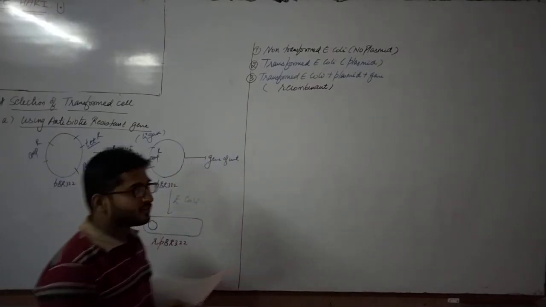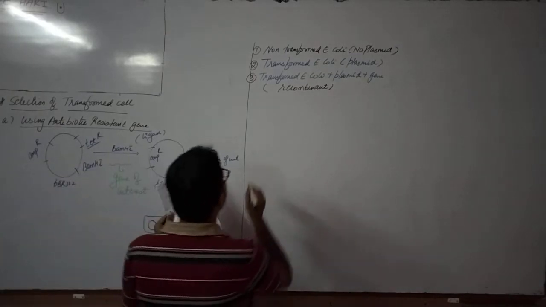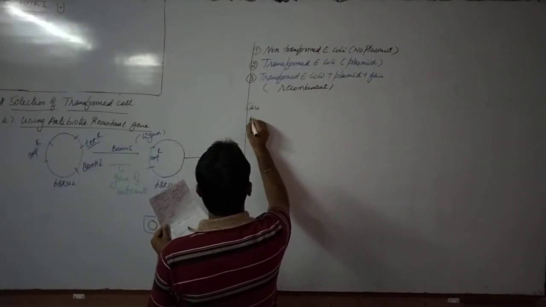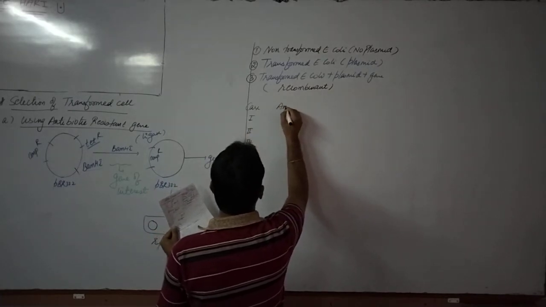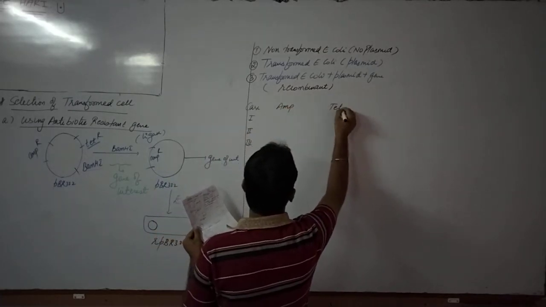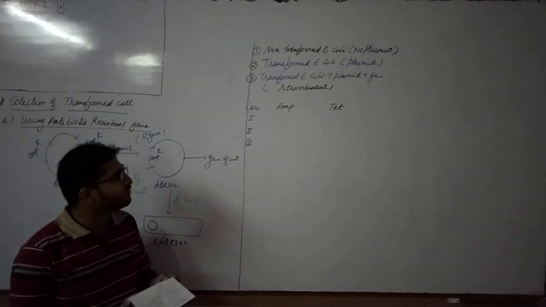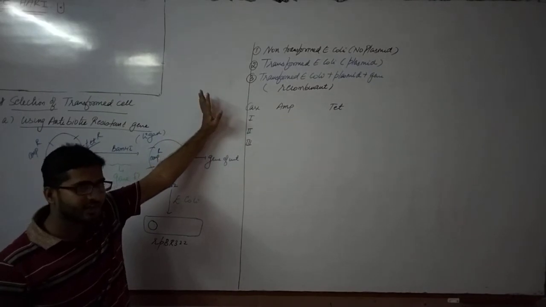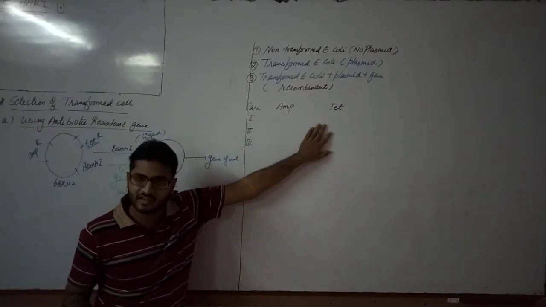Let us now discuss how to select transformed cell from a non-transformed cell. So case 1, 2 and 3. Here ampicillin and here tetracycline. Let us prepare the culture of these three cells differently in different Petri plates and add ampicillin and tetracycline.